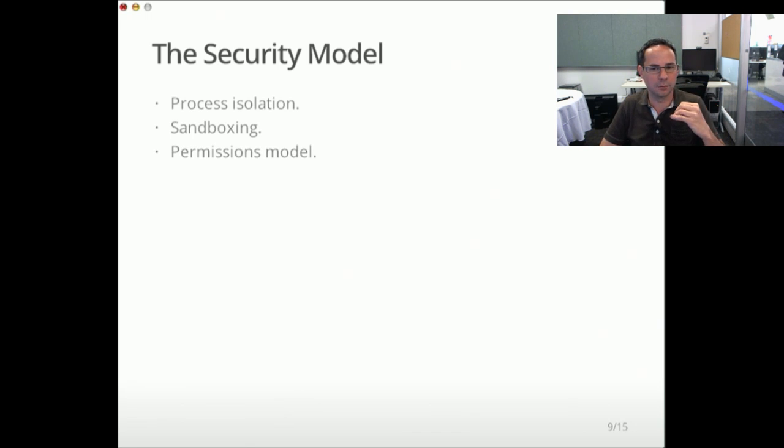But they also have a permissions model. That means that applications need to ask permission before they can do certain things. For example, if you don't have the USB permission, you can't use the USB APIs. If you don't have the networking permission, you can't use the networking APIs.